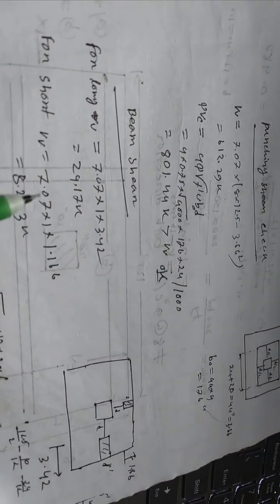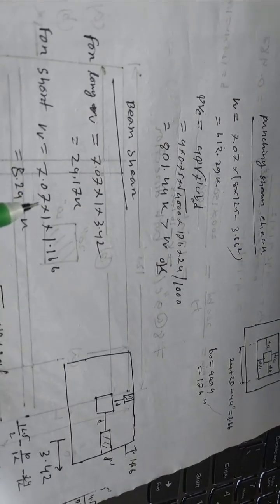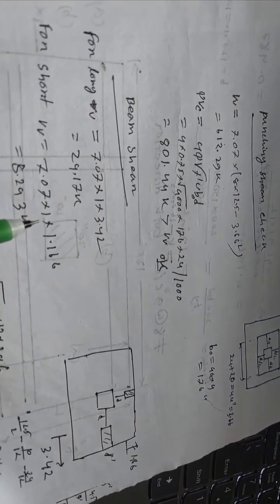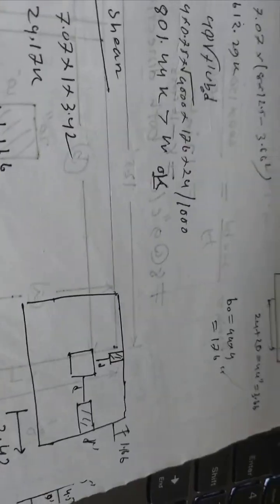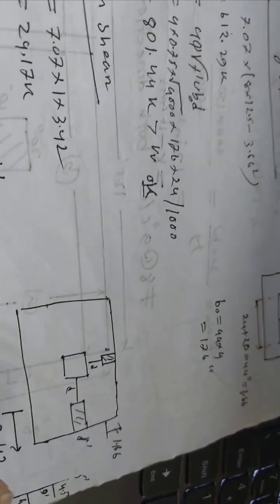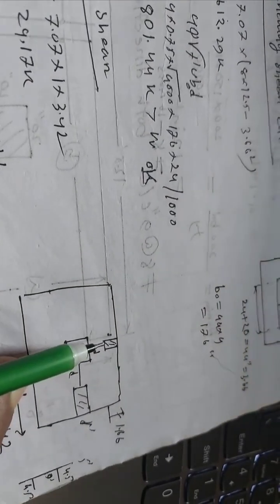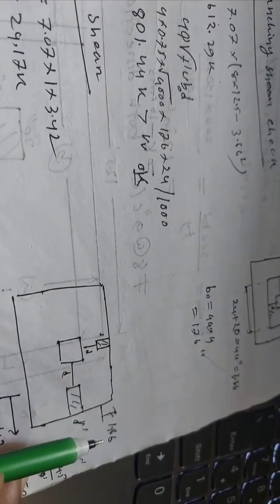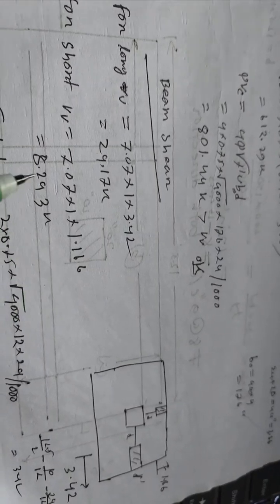Shear along the short axis: critical shear is net upward pressure 7.07 into 1 foot strip into the distance from the outer face of the column, 1.66. So multiplying by 1.66, we get 8.243 kip.